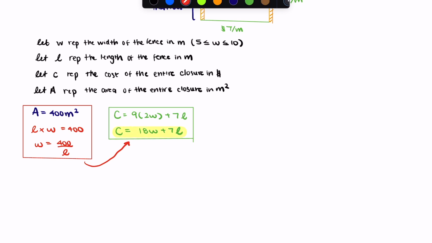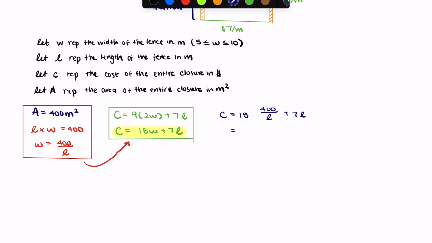And so here we can rewrite it as C is equal to 18 times 400 over L plus 7L.